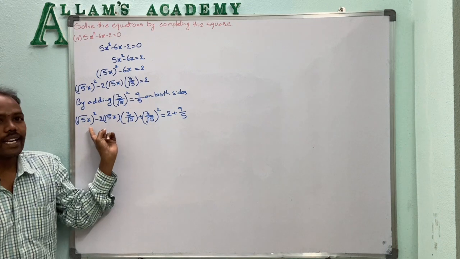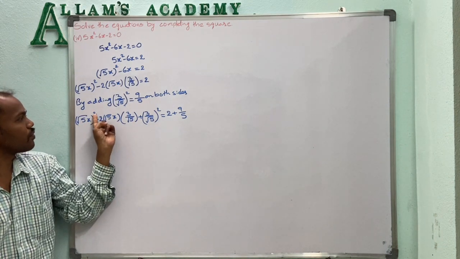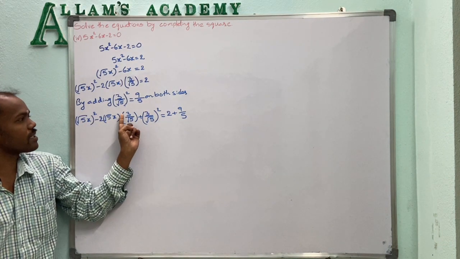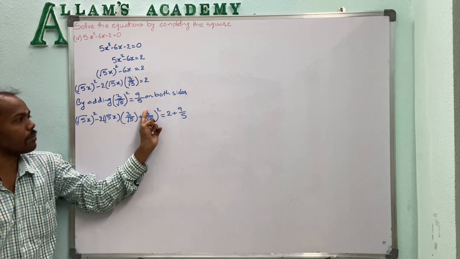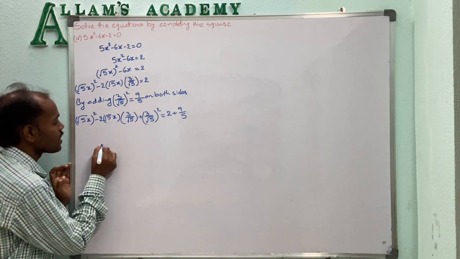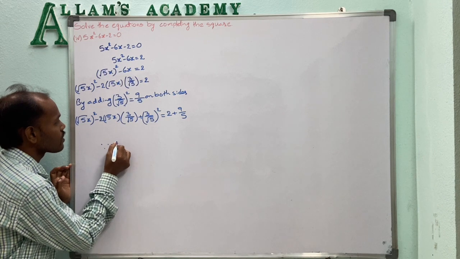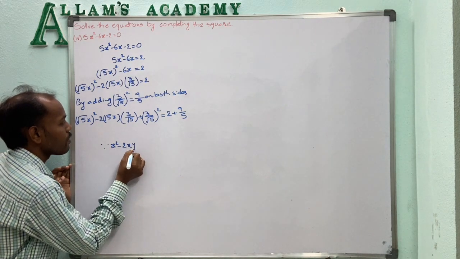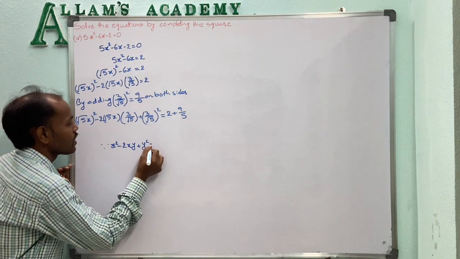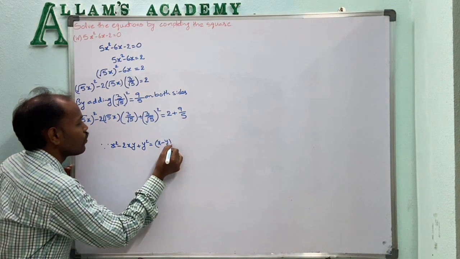Now here the LHS, if we observe, is (√5x)² - 2 into √5x into 3/√5 + (3/√5)². That means it is in the form of x² - 2xy + y², which is equal to (x - y)².